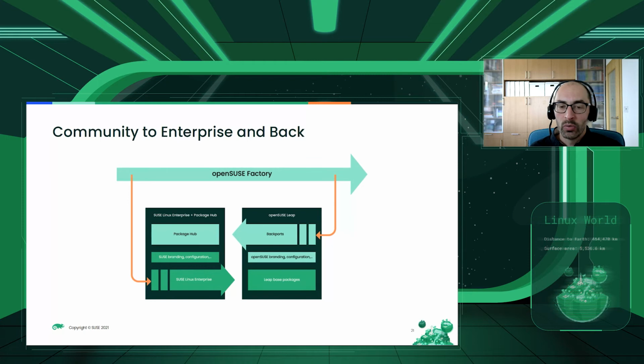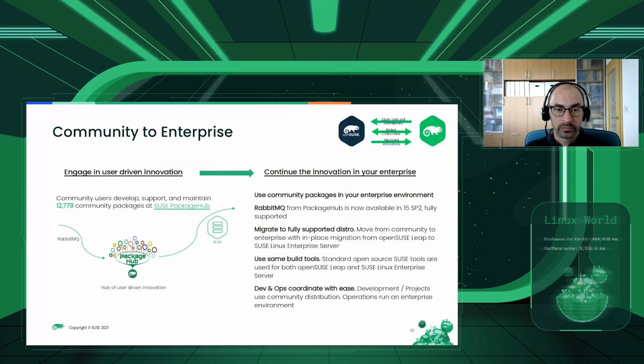So the packages are going from SLE to Leap, providing the enterprise and stable core, but also the other way around from openSUSE towards SLE, which allows to get more innovation, more agility into the enterprise code stream when it comes to new programming languages, new features and stuff like that. So as you can see, one of the major differences is the branding and configuration, but the bulk of the distribution is really equal to simplify the migration.